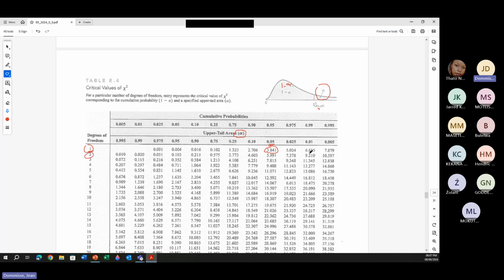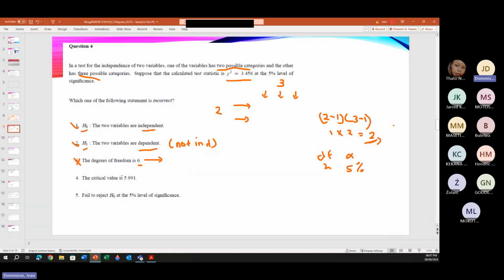So 5.991. Okay, so the critical value of 5.991 is correct. So then remember, like we did in the previous, if T-stat is bigger than critical, we reject the null hypothesis.